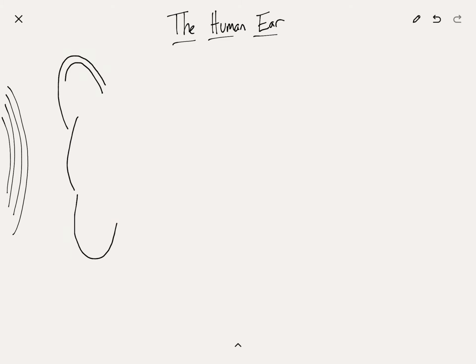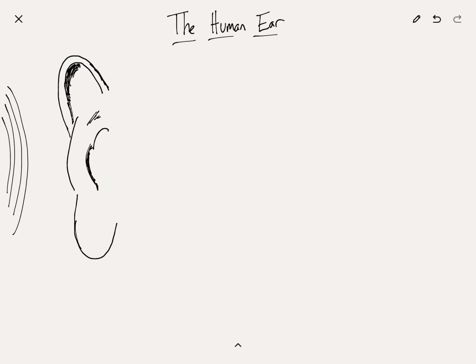Okay, and the pinna is basically the large kind of funnel-shaped part that is outside of your head that allows those sounds to be collected and funneled into your ear, where you will then be able to translate them into something that is meaningful to you, something that is a sound that you can understand.